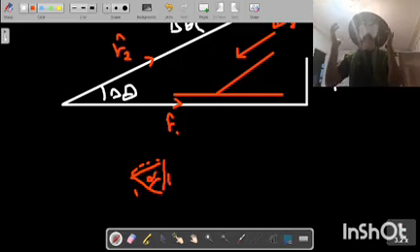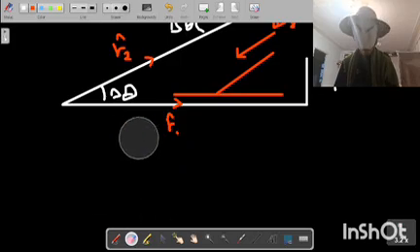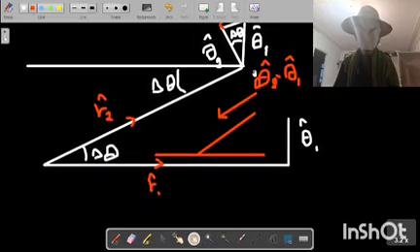God, why is this mouse so slow? This length would be delta theta, so that length also would be delta theta. So you realize theta hat 2 minus theta hat 1 is negative r hat delta theta.